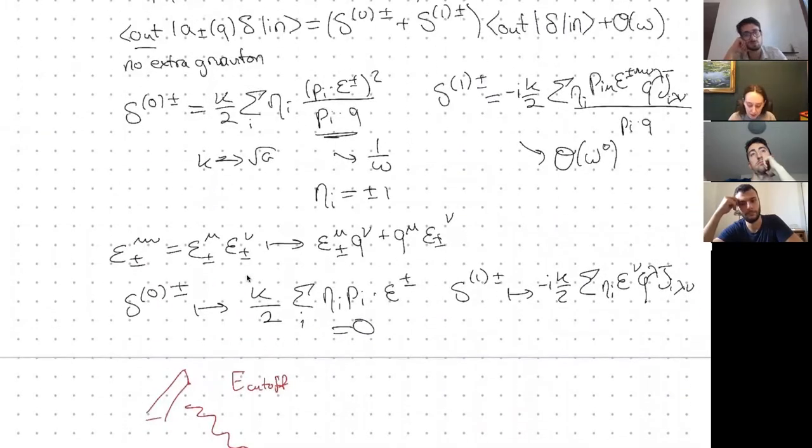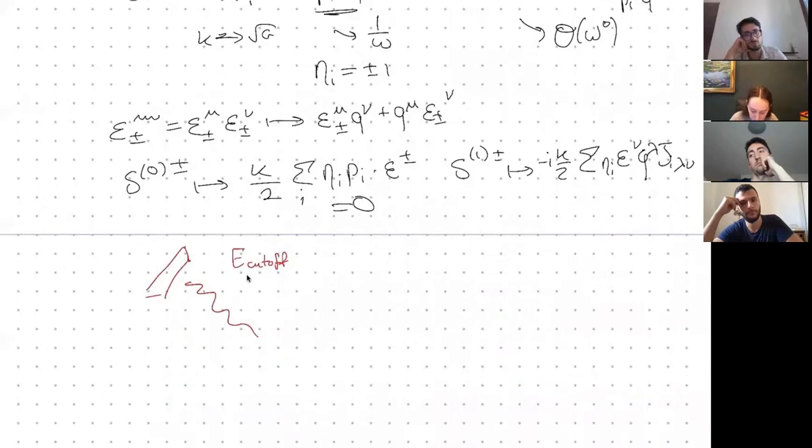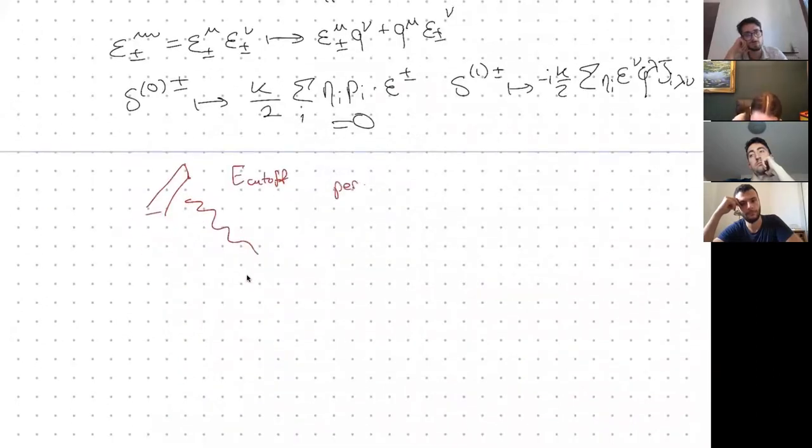And then when you take into account that anything that you're computing, when I want to make a prediction and add a physical detector, you really need to sum over what you can observe.